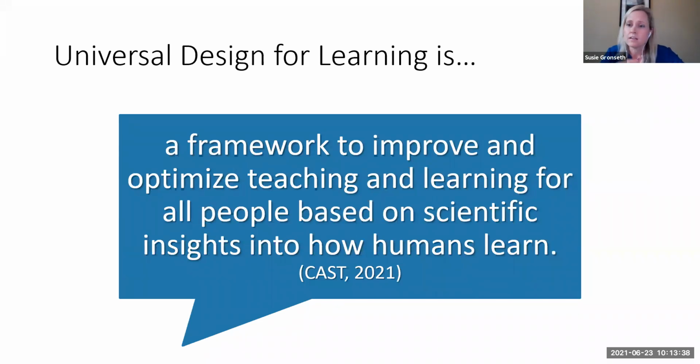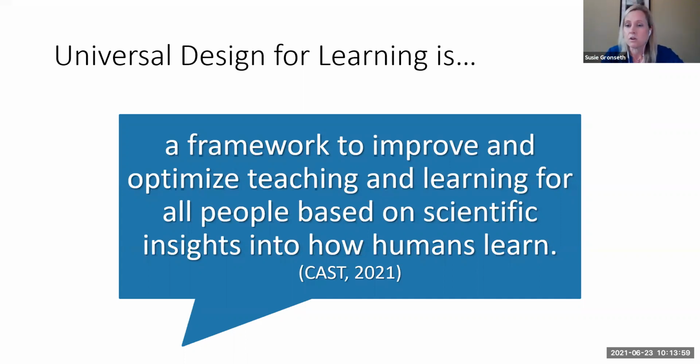It used to be conceptualized as a curricular framework only, but we're seeing it as a framework that's influencing policy and programmatic development as well. It's not just constrained to lesson planning and curricula; it started out in K-12.